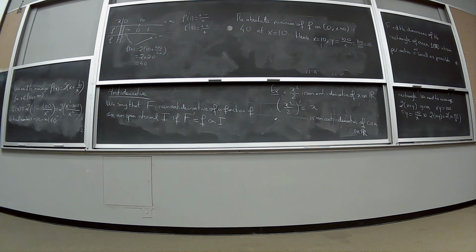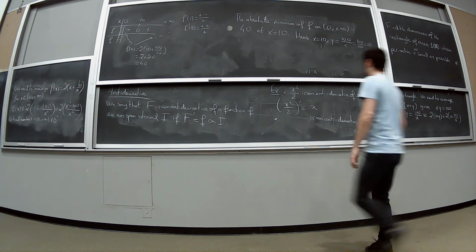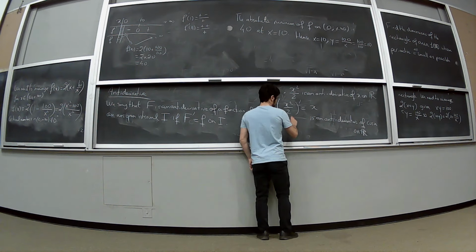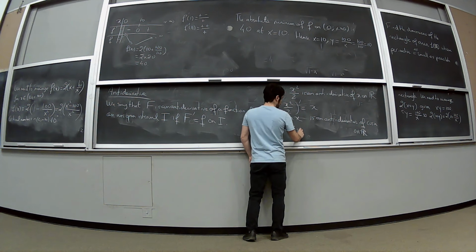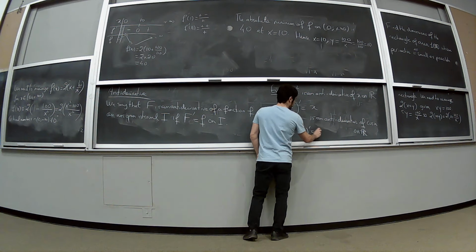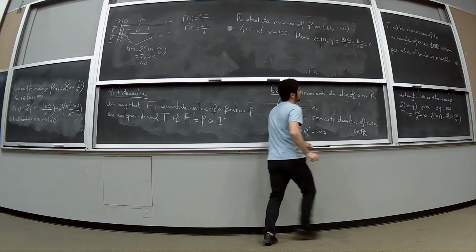What is a function whose derivative is cosine? Who can give me an example of a function whose derivative is cosine? Yes. Negative. Oh, sorry, sine. Sine. Yes, exactly. So sine x is an antiderivative of cos x. Let's do one more.